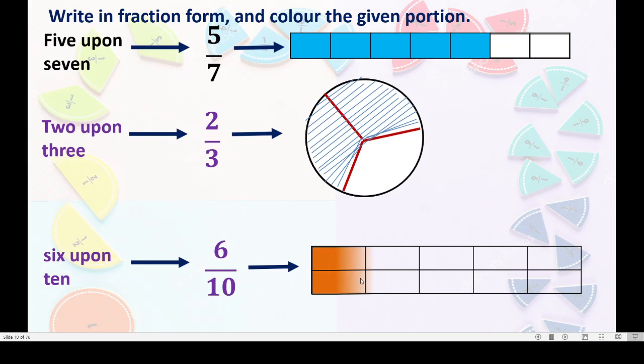Okay, we will color. Yes. Right? 6 parts we colored. We have done our work. Isn't it? We have written the given fractions in the fraction form and then we colored the portion exactly equal to the fraction form.